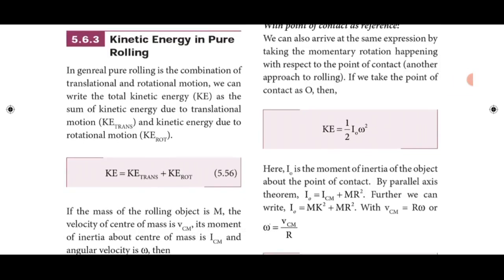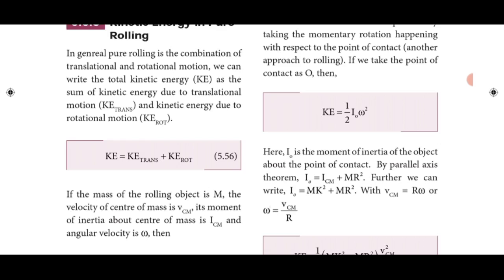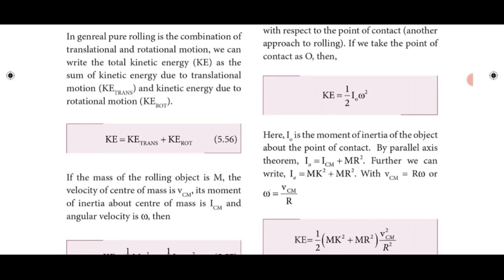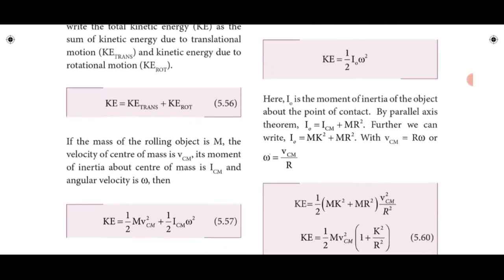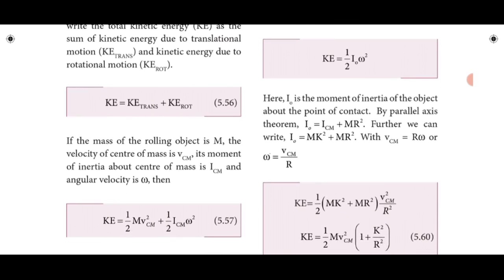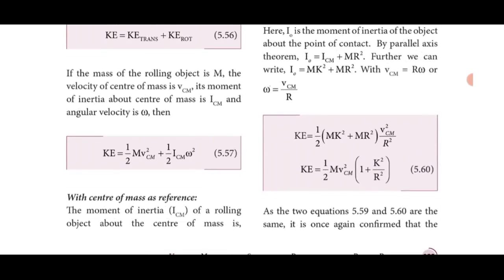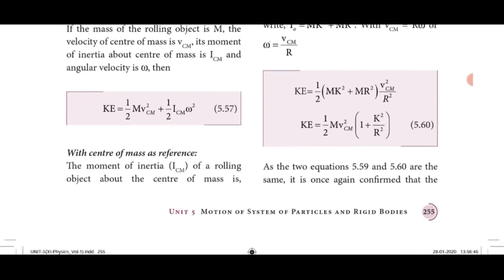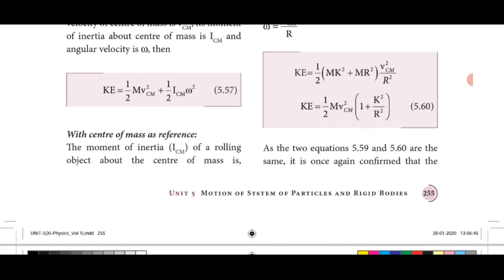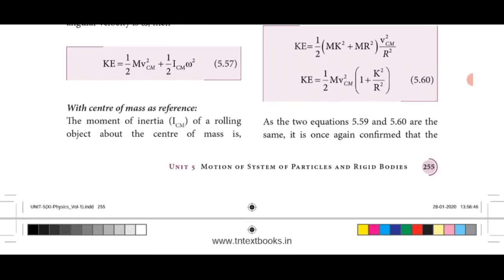Next we are going to see the topic of kinetic energy in pure rolling. In general, pure rolling is a combination of translational and rotational motion. We can write the total kinetic energy as the sum of the kinetic energy due to translational motion and the kinetic energy due to rotational motion. That is KE is equal to KE translational plus KE rotational. If the mass of the rolling object is M, the velocity of the center of mass is Vcm, the moment of inertia about the center of mass is ICM, and the angular velocity is omega, then KE is equal to (1/2) M Vcm square plus (1/2) ICM omega square.